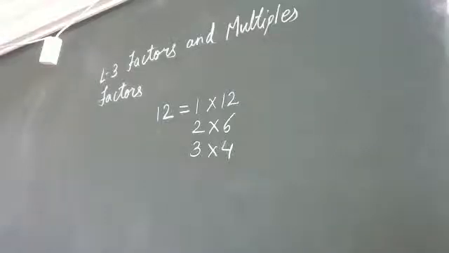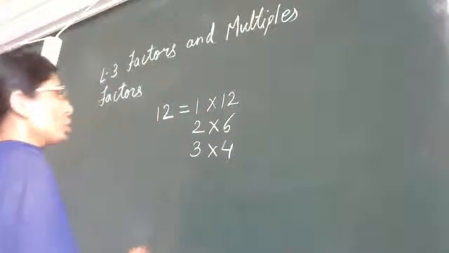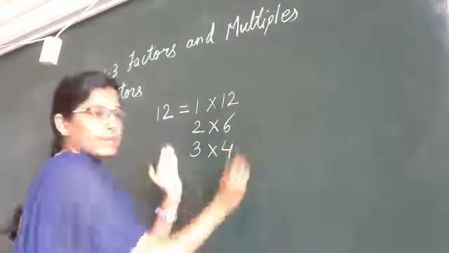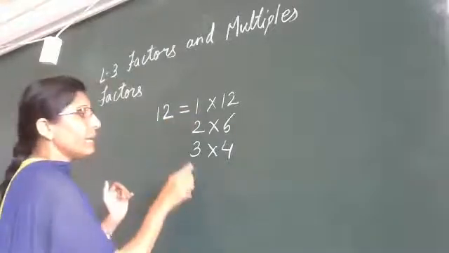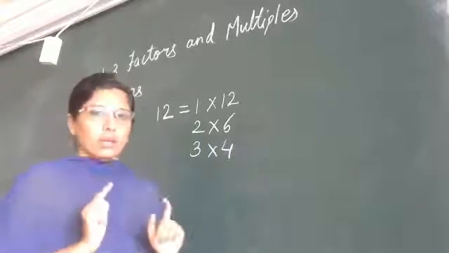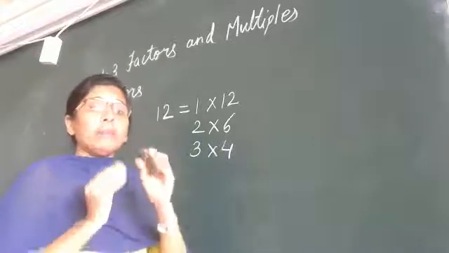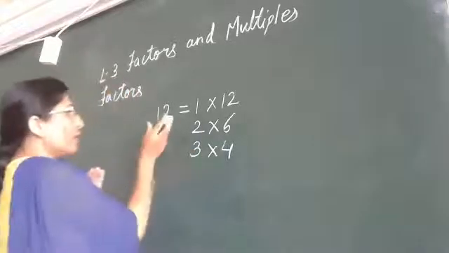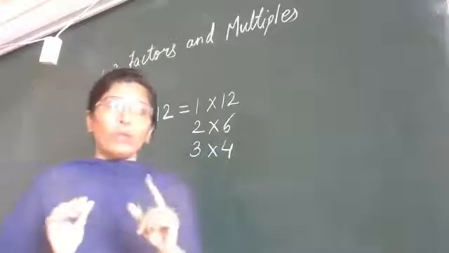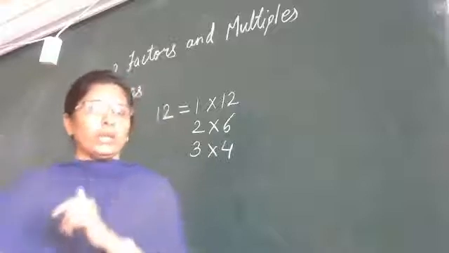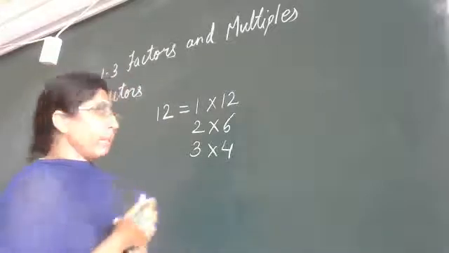Okay, children. So here by this example, what we can see is that 12 has many factors, not only one. So there will be many factors for one number, more than one. 1, 2, 3, 4, many factors will be there.